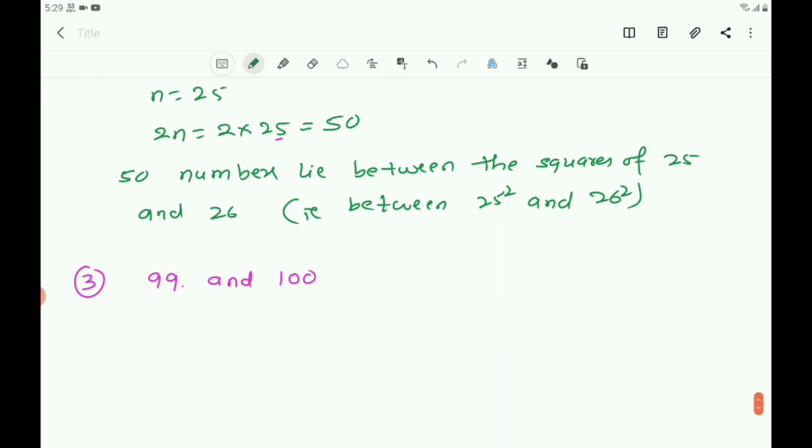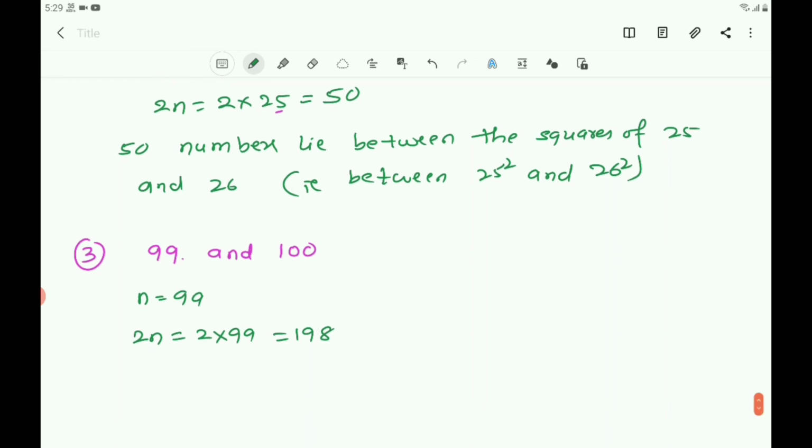The next one is 99 and 100. So here you have n equals 99. 2n means 2 into 99, that equals 198. You multiply and get 198 here.